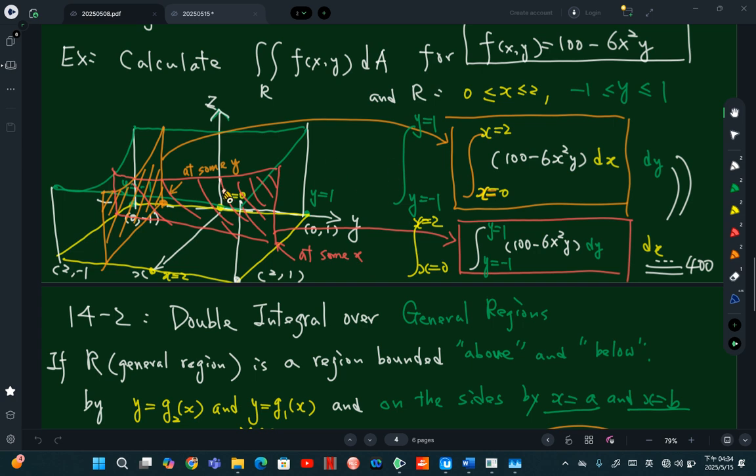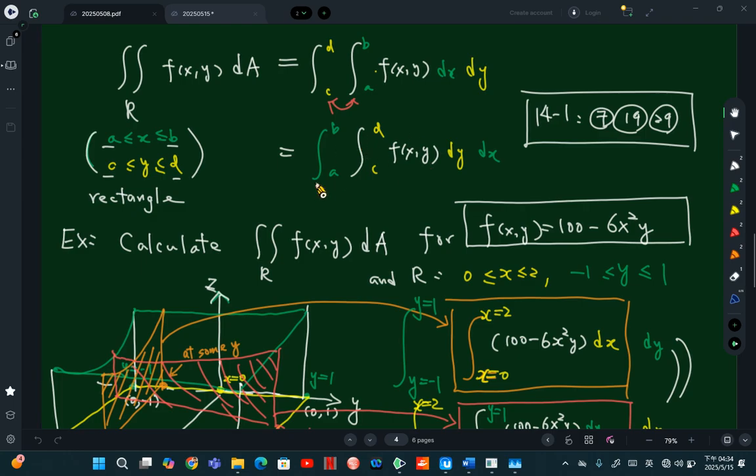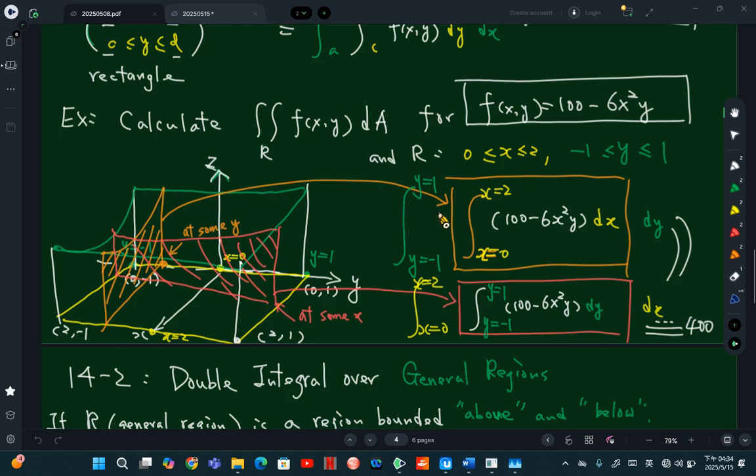For example, in this case, you can easily change dx dy into dy dx. Just simply change the limits, a to b and c to d, and c to d and a to b. This is for a rectangular region.